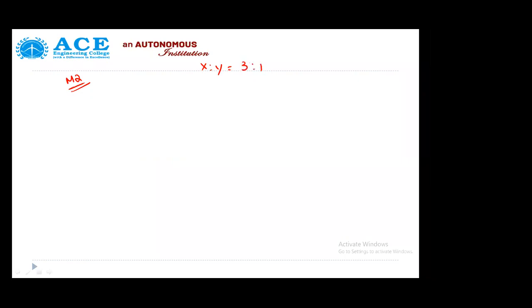So we can consider the Y value as 100 and the X value as 300. No issue. Y can be 100 and X 300, or Y as 1000 and X as 3000. You can also take K and 3K.